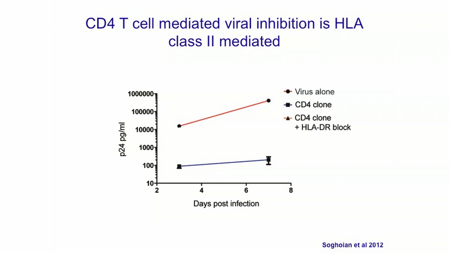But when we block the TCR MHC class 2 pathway, where we knew how the response was restricted, with an antibody, we see an almost complete abrogation of the inhibitory effect of the cytolytic CD4 cells.